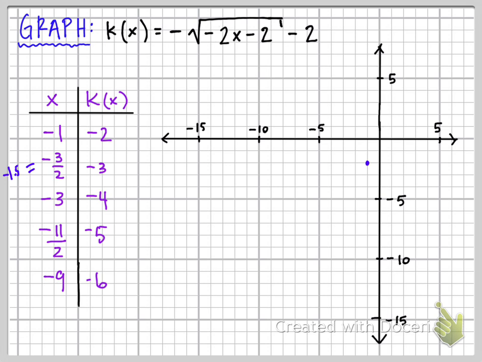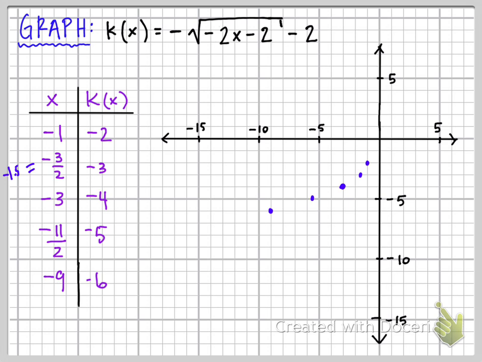You can graph it, folks. You can graph a fraction. It's all good. Negative 3 is the next one I go to, and I'm going to go down to y is negative 4. 11/2. Well, what's 10/2? That's negative 5, so it's negative 5.5, and I go down to negative 5. Last but not least, go down to x is negative 9, and go down to y is negative 6.